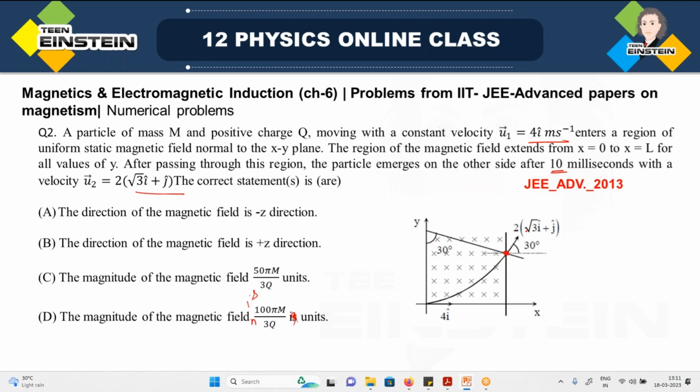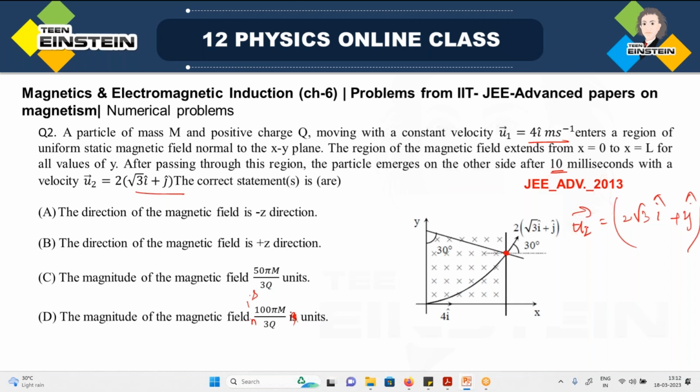When it leaves the magnetic field, it has velocity u2 equal to 2 root 3 i cap plus 2 j cap. So this is the final velocity after leaving.